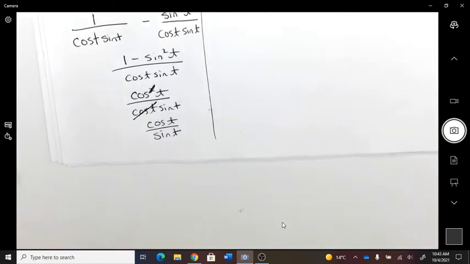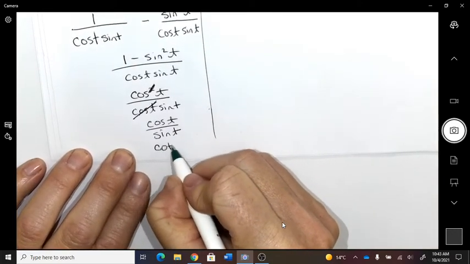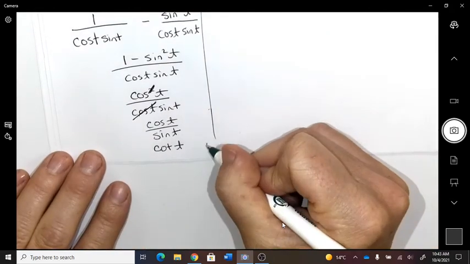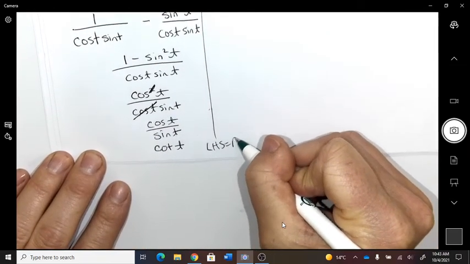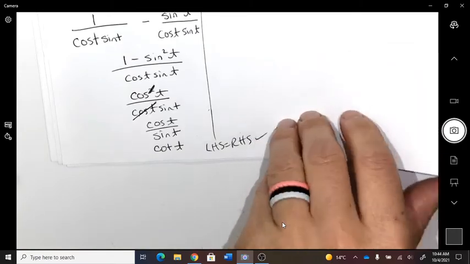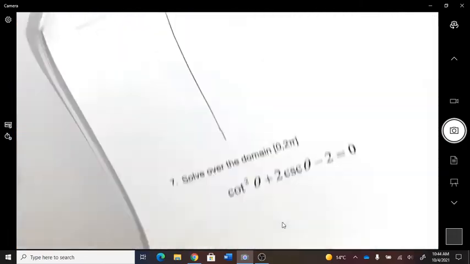And what's that fraction the same as? Cotangent, right? A cos over a sine, and you're done. Got it there. Okay? Okay, number 6.